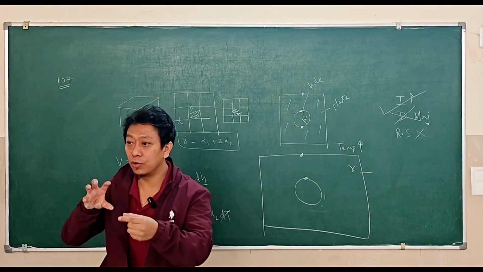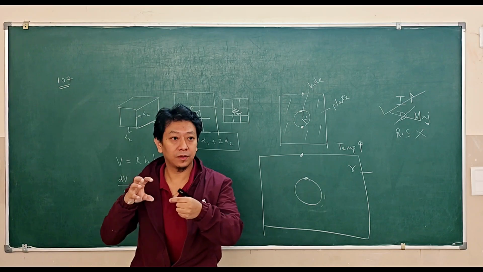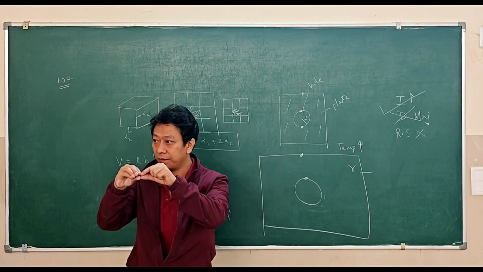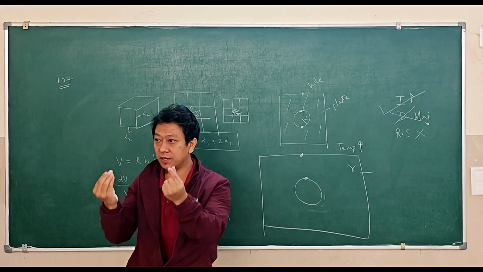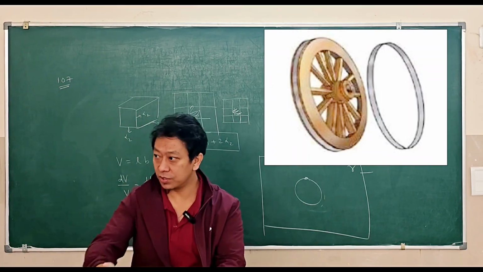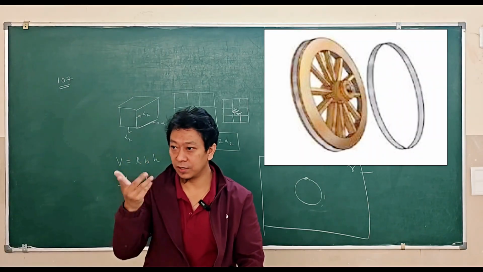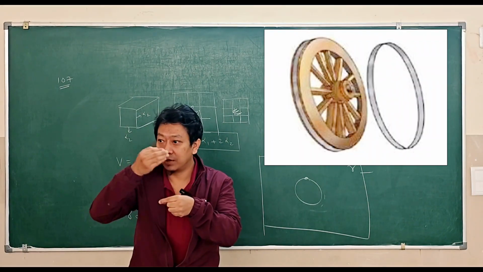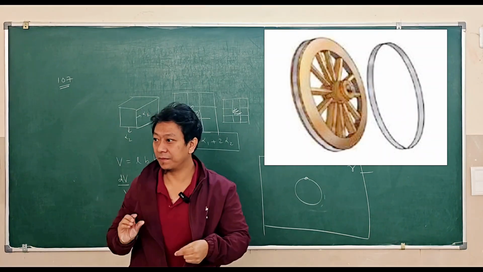This is the idea people use to fit cart wheels. They have a wooden disc which they want to use as a wheel, but if you use wood on the road, because of friction it will wear and tear. So on the rim we want to put what? An iron ring.